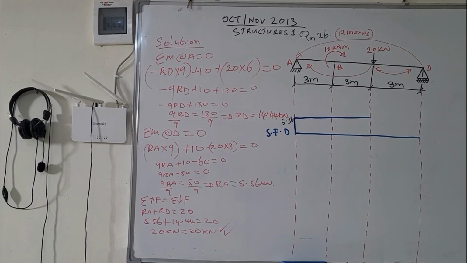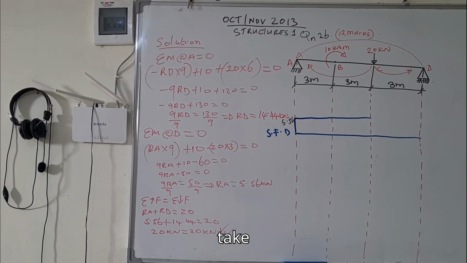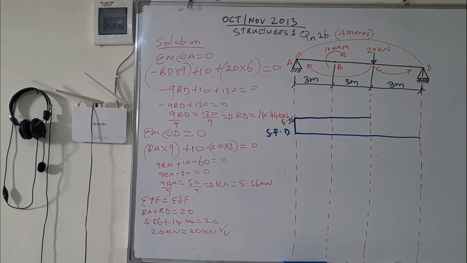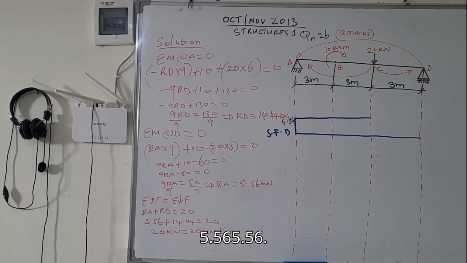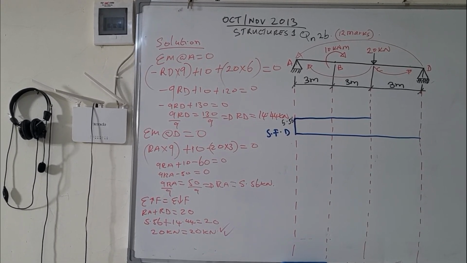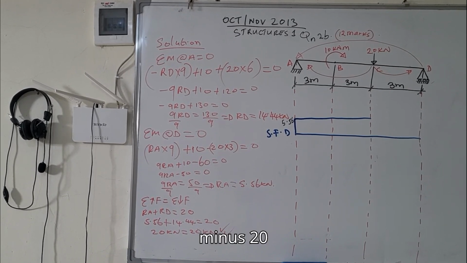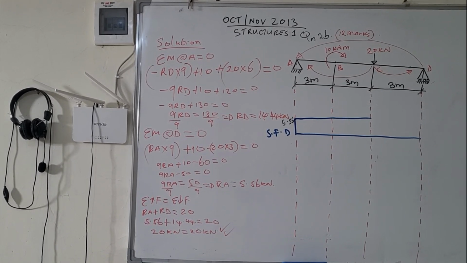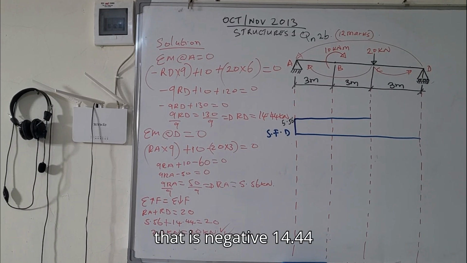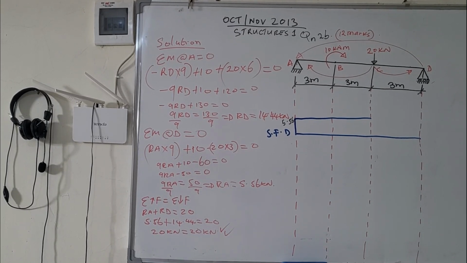Take 5.56 minus 20, that is negative 14.44.